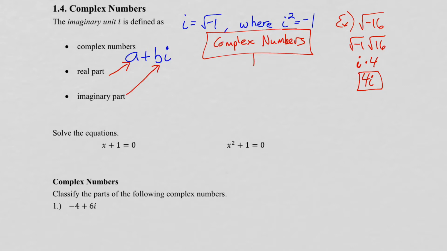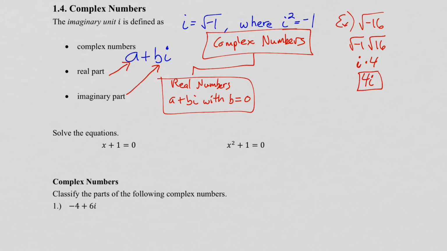So let's take a look. Real numbers is when your a plus bi has b equal to 0. The reason why you don't see it in a regular number is because the i disappeared because it got multiplied by 0.